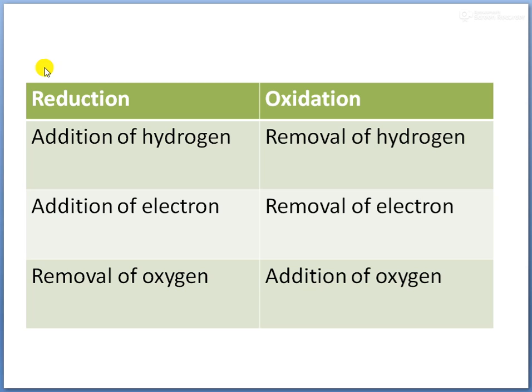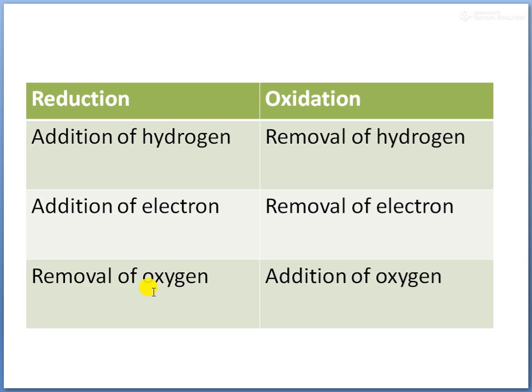Let us understand what reactions can be considered as reduction reactions and what reactions can be considered as oxidation reactions. If an addition of a hydrogen to an organic compound occurs, it can be considered a reduction reaction. If an addition of an electron occurs, it is also a reduction reaction.